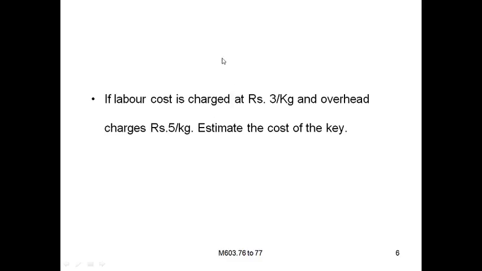Suppose a worker is engaged to operate a product whose weight is 20 kgs, then 3 should be multiplied with 20 to pay the labor. So per kg we need to pay 3 rupees.